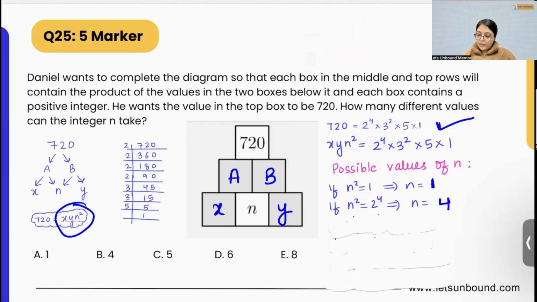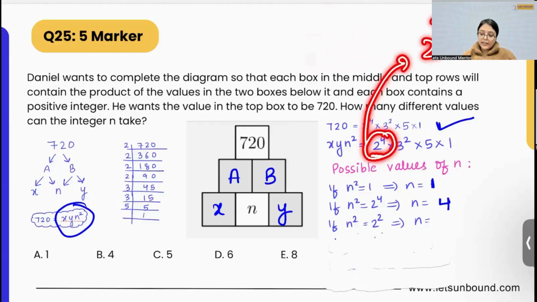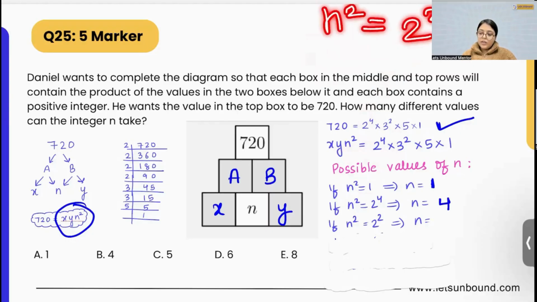Next, if n square is just 2 square, I can pick 2 square, because 2 raised to 4 can also be written like this. So I'm picking n square as 2 raised to 2, and n will be just 2. So the value of n is 2.